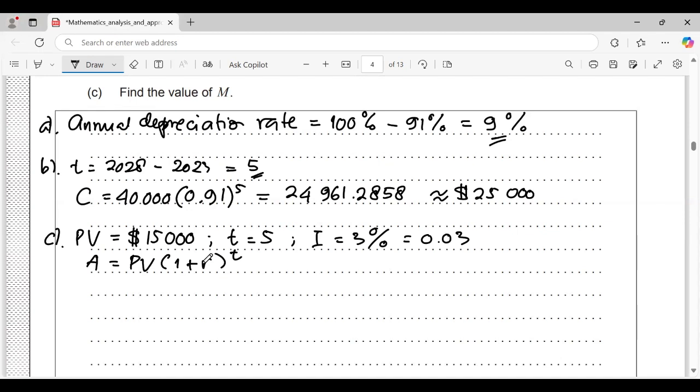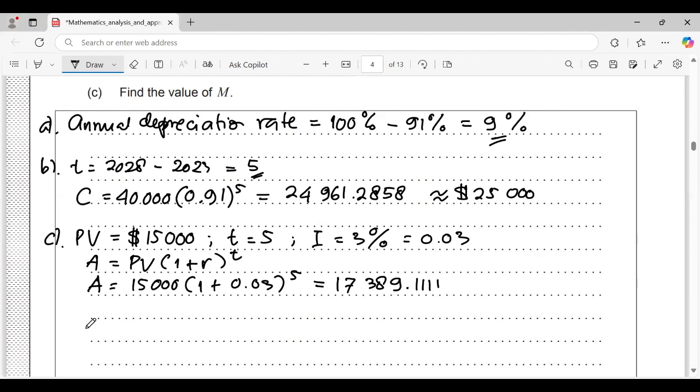R is the interest rate, and T is time. So the amount after 5 years is 15,000 times 1 plus 0.03 to the power 5, which is 17,389.1111.